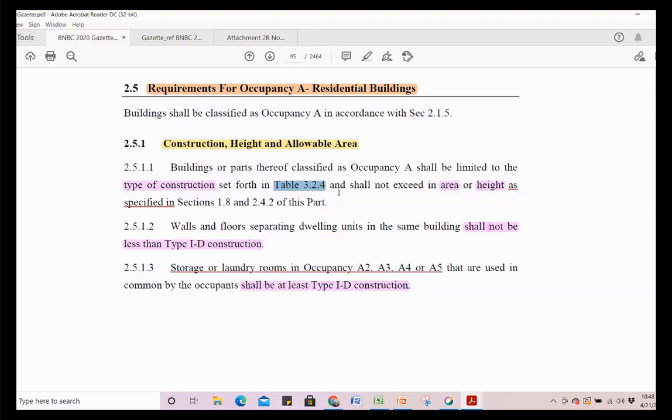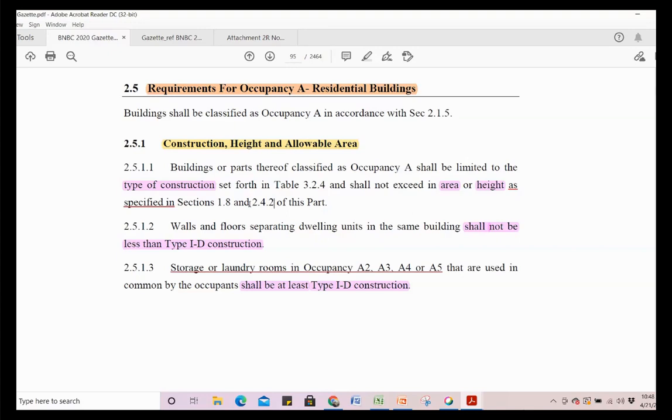So that is the chart, and it refers to the occupancies accordingly. So this is the type of construction, and the area and height will be guided by sections 1.8 and 2.4.2 of this part. So there are references about area and height in 1.8 and 2.4.2.